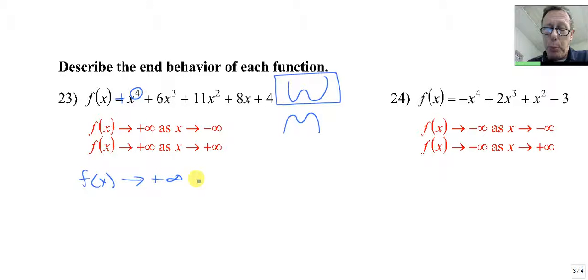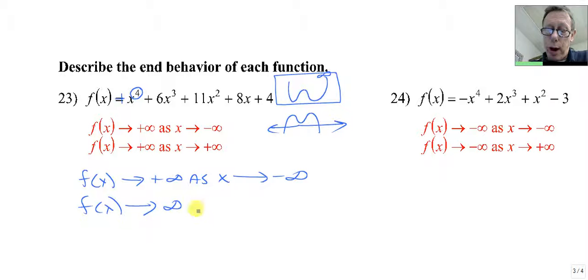The y is going upward as the x goes very far to the left, as x goes to negative infinity. And then we have that the y value is going to also go toward infinity up here as the x goes very far to the right to a positive infinity. Okay, let's look at the next one.